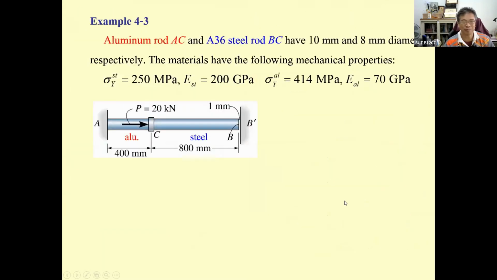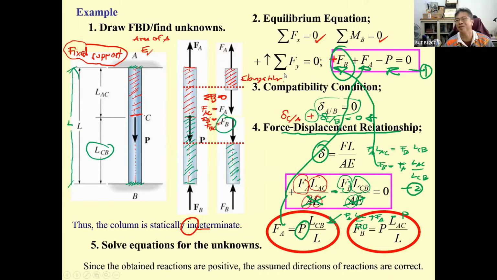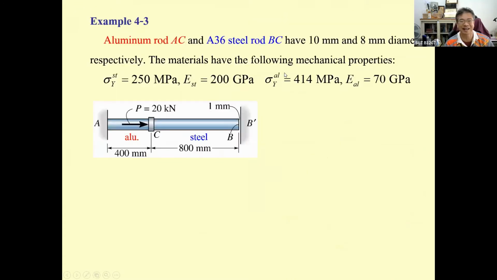Okay, now let's come to a problem that is going to be in symbolic format, and it's hard to understand. This problem is a little bit tougher because of the column AB, the rod AB over here.